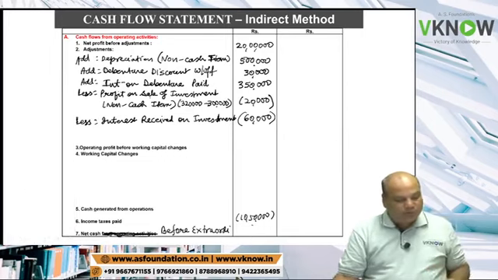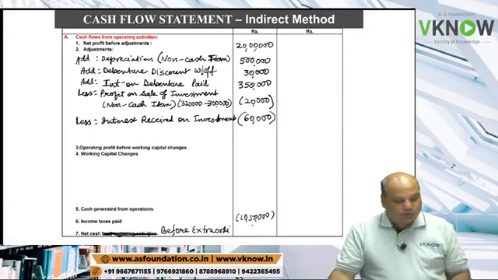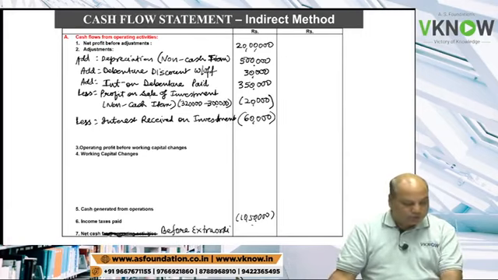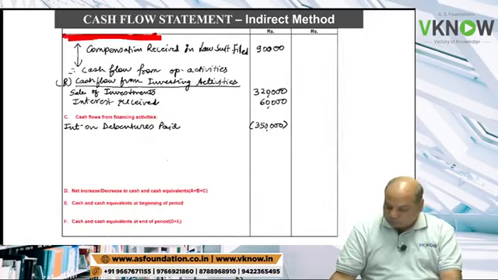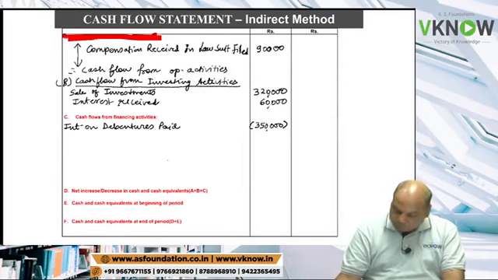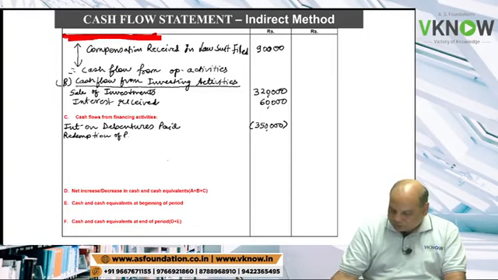15,000 10% preference share of rupees 100 each was redeemed on 31st March 2014. So this will come in financing activity. In financing activity, write down redemption of preference shares including premium.